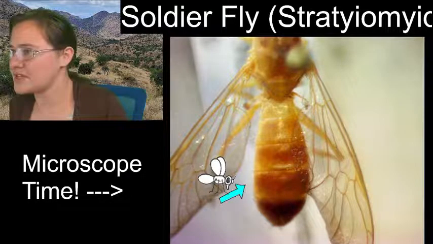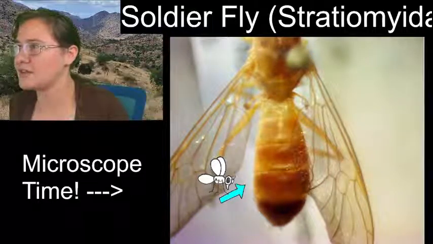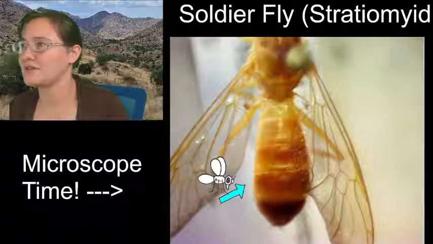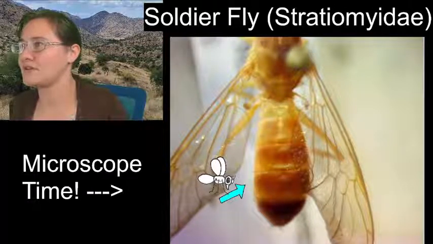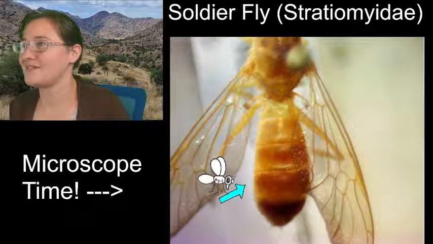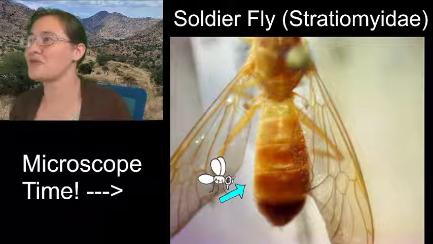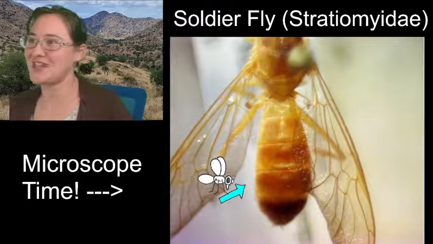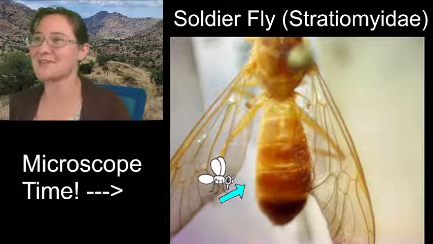That's not exactly right. That's better. There you go. The letters are a little bit smaller, but you get both of the names. You get the common name and the scientific name. I think it's worth it.